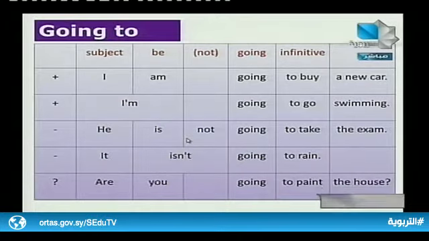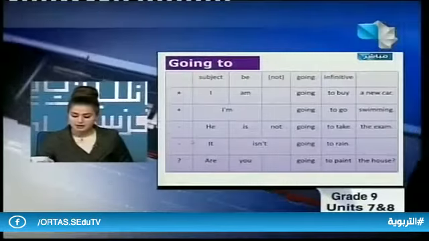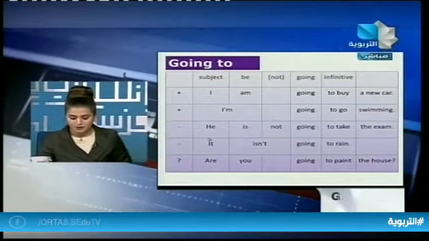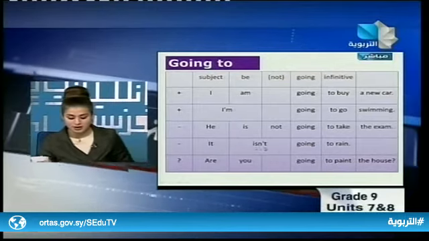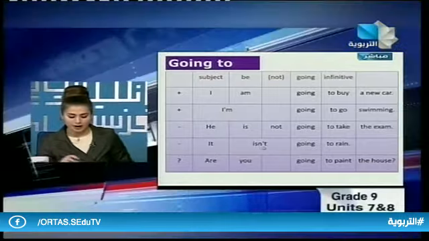So he is not going to take the exam. It is not going to rain. So it could be it is not or it isn't. We have two forms, a short form and the main form.